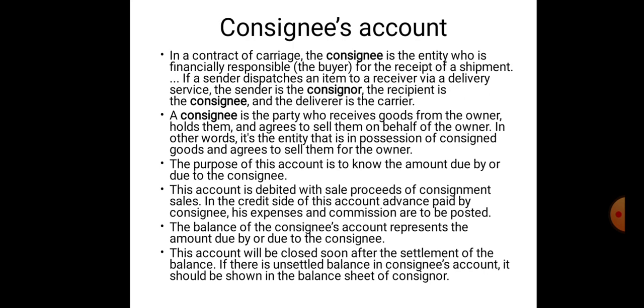This account will be closed soon after the settlement of the balance. If there is an unsettled balance in the consignee's account, it should be shown in the balance sheet of the consignor. So this is about the consignee's account.